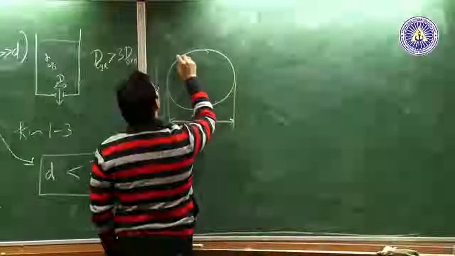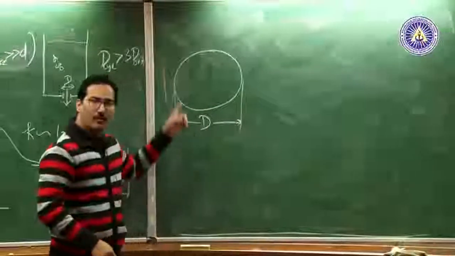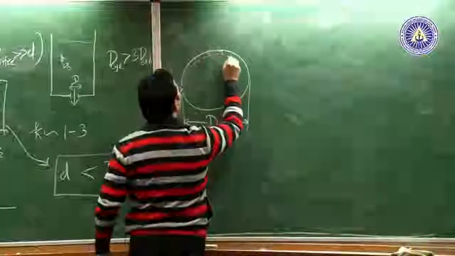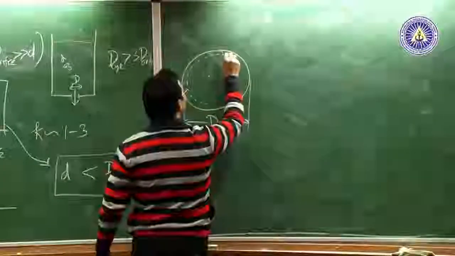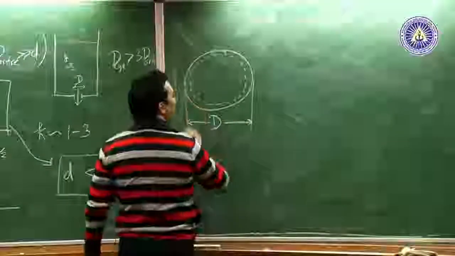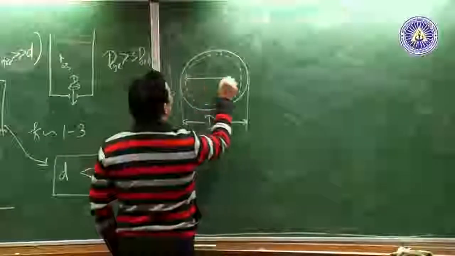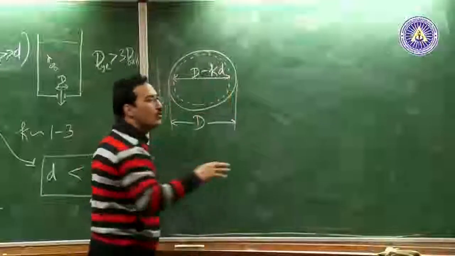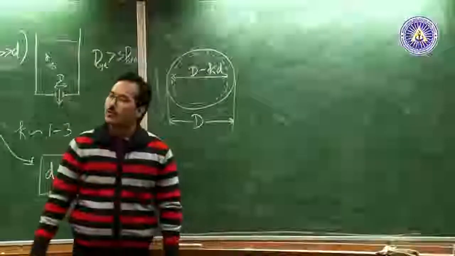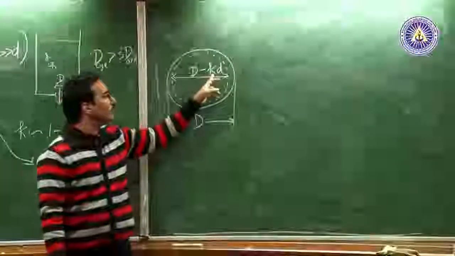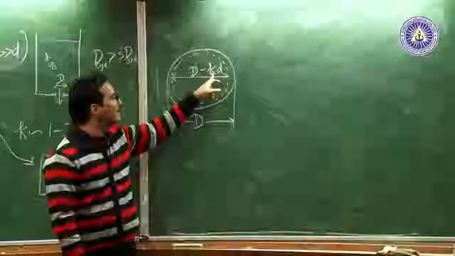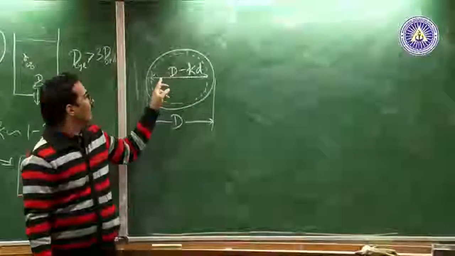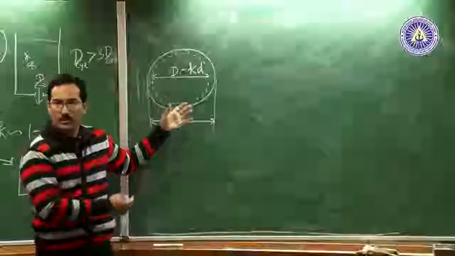The grain which is sitting here will probably not fall through it, and so you get a finite size correction, and the effective orifice diameter is not d but something less than that. That could be something like d minus kd, but that's only a hand waving argument, because though it makes physical sense, it doesn't explain why k is greater than 1. K greater than 1 doesn't make sense from this picture.